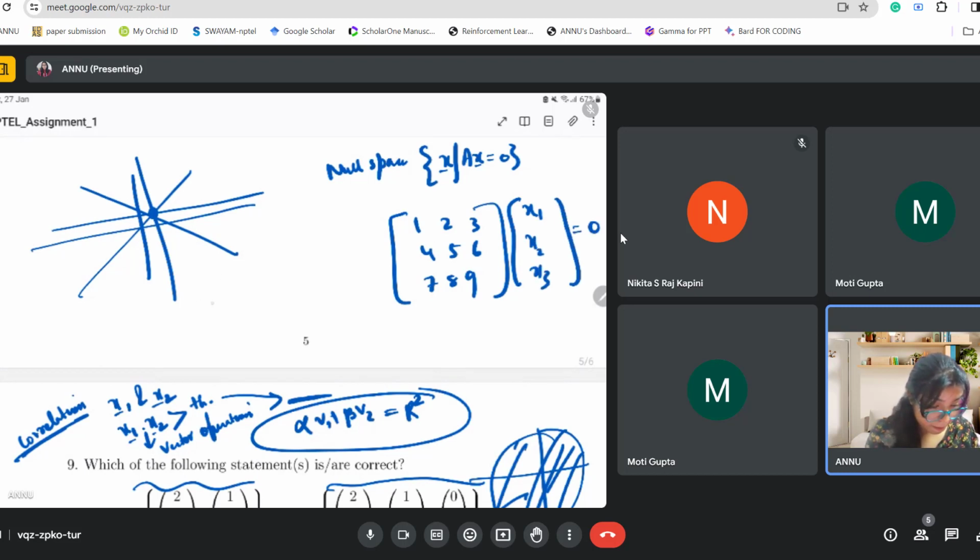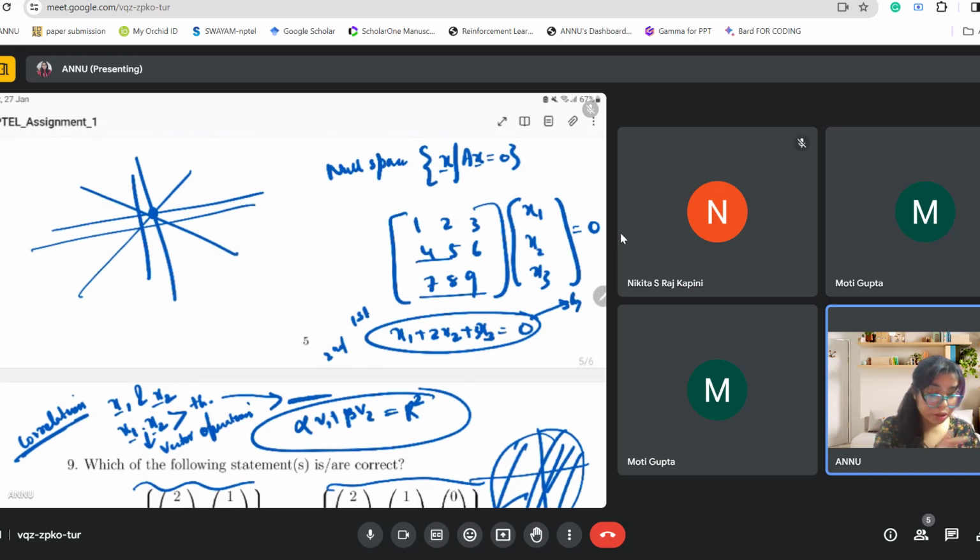Here x1 plus 2x2 plus 3x3 equals 0 is the first hyperplane. Similarly, the second row gives the second hyperplane, and the third row gives the third hyperplane. The solution of this is given through the null space only. So this is also one example of a vector subspace.